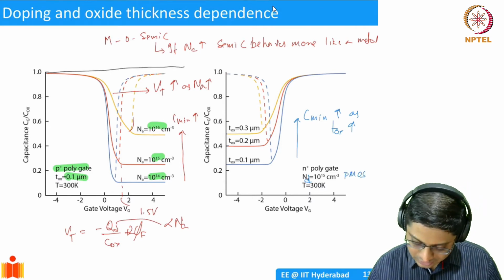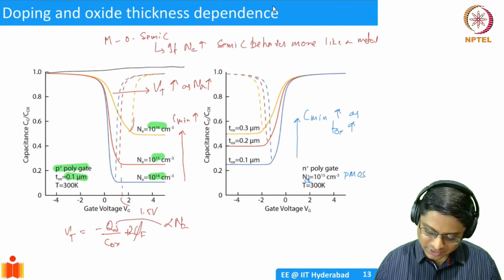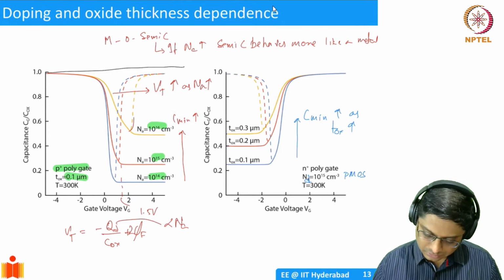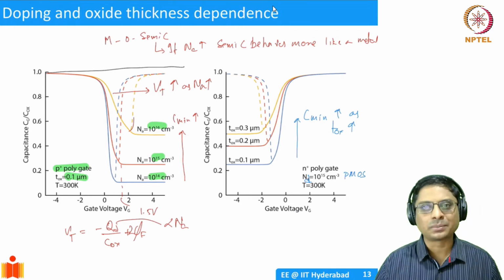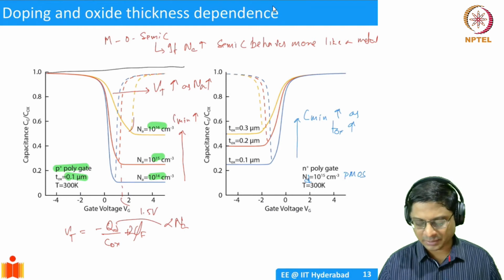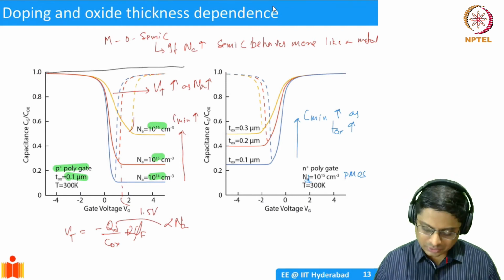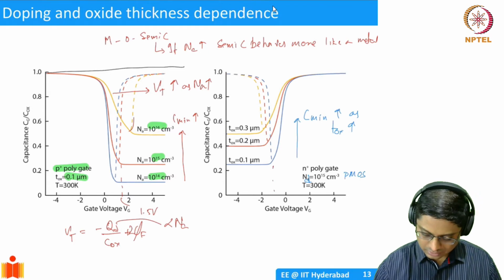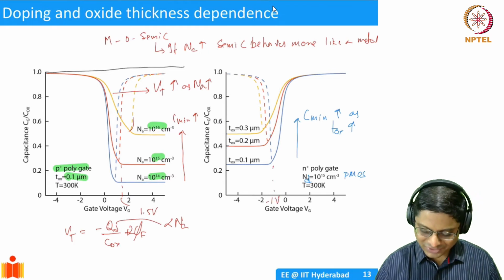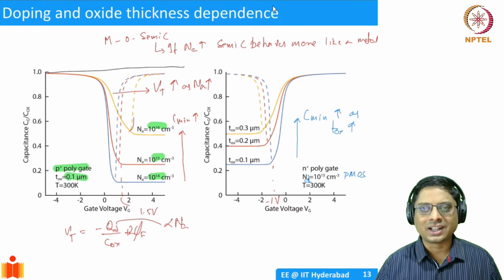So ND is 10 power 15, and N plus poly. So you see that VT is typically in the range of 1 volt. I'm deliberately mentioning this so that I'll ask you also to compare.